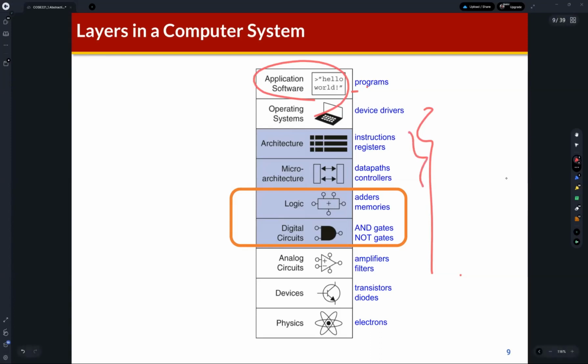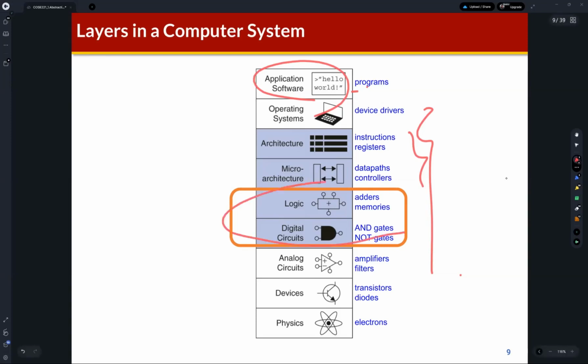The microarchitecture handles the inside of processors like CPUs or GPUs, and the architecture part covers the entire organization of computer systems.